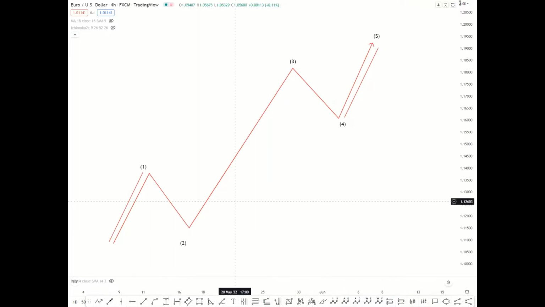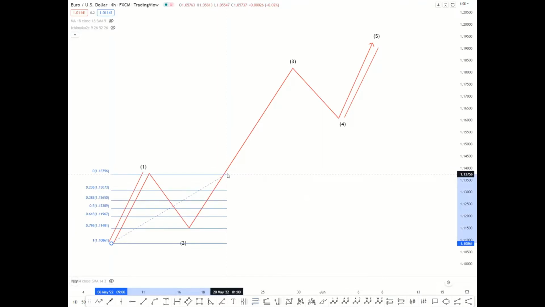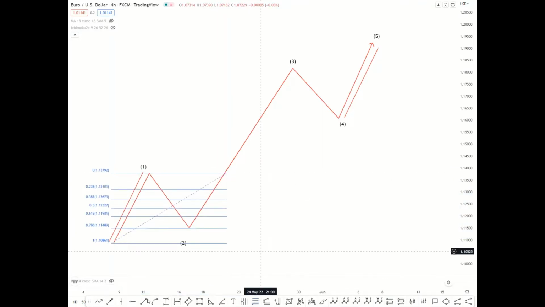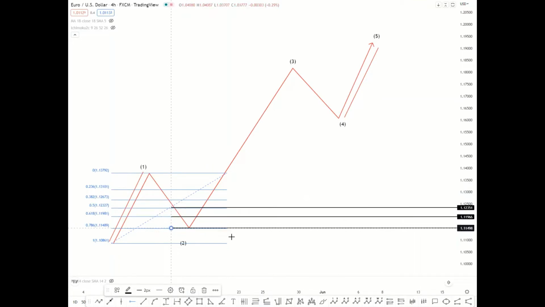So we use the Fibonacci ratios to find the termination of wave 2. If the market started here to be bullish and then ended here, you will know that Elliot Waves says wave 2, the depth, must at least be, if we start counting at 50%, 60%, 78%.